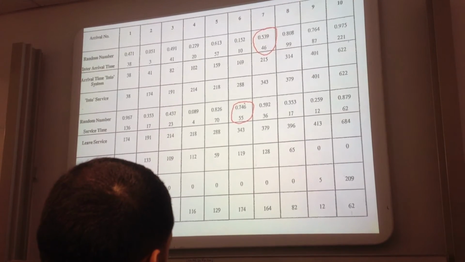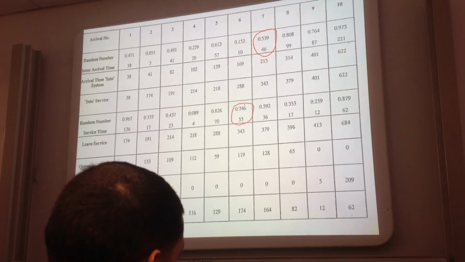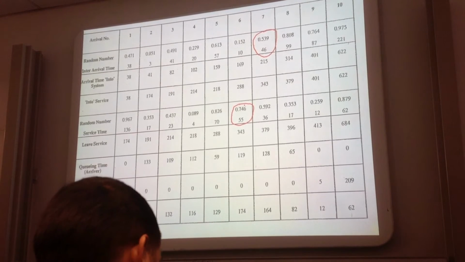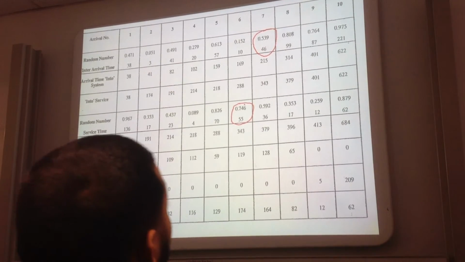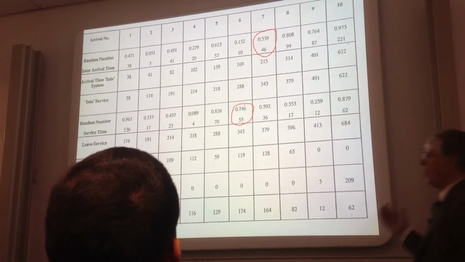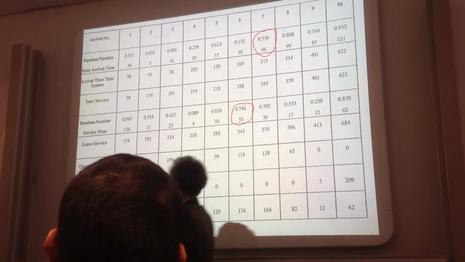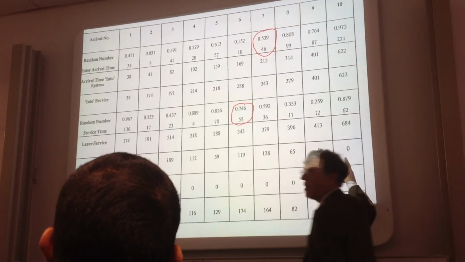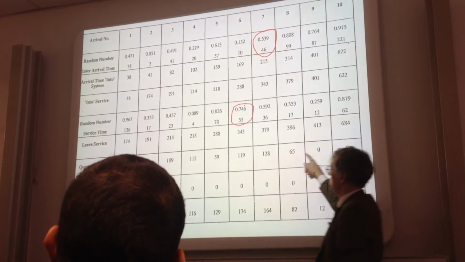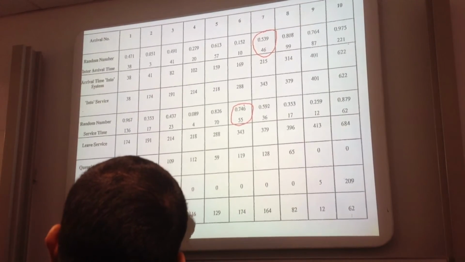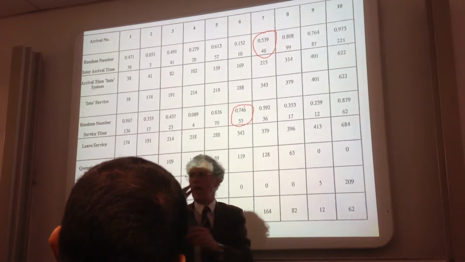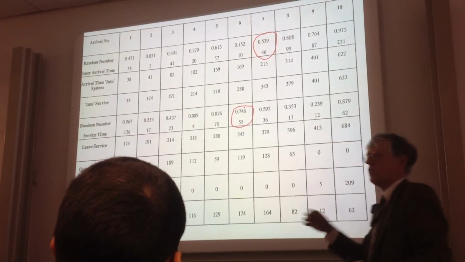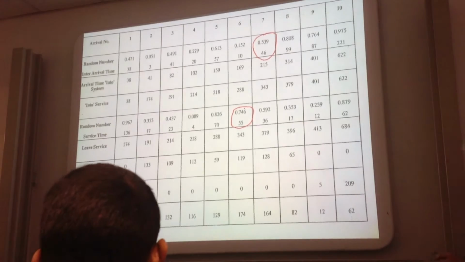So we might be interested in average queuing time. What is the average time that somebody queues in this shop? How long do they queue? Well, we've got the queuing times here of every one of these people who arrived in the shop. So if we added all of these up and then divided by 10, because there's 10 people, you would get the average queuing time of people who walked into this shop.